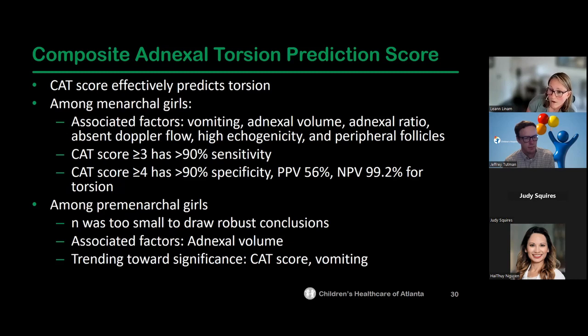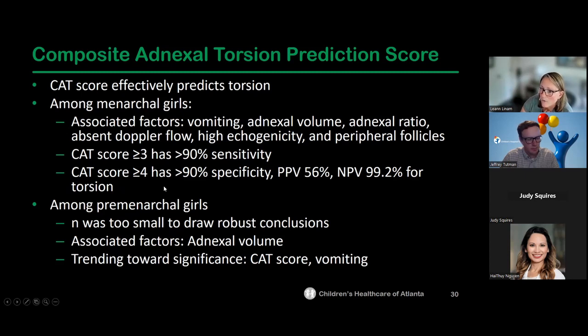We found that the score does effectively predict torsion, and that the associated factors, we're going to look into a little bit more, but there are some associated factors that help you decide if there's torsion, and they were statistically significant independently.